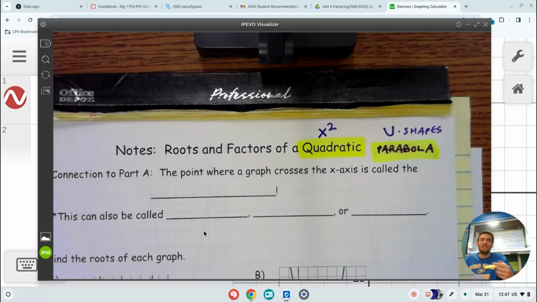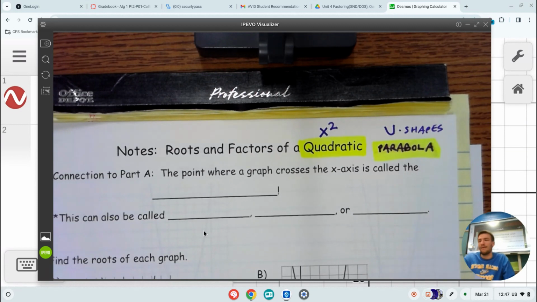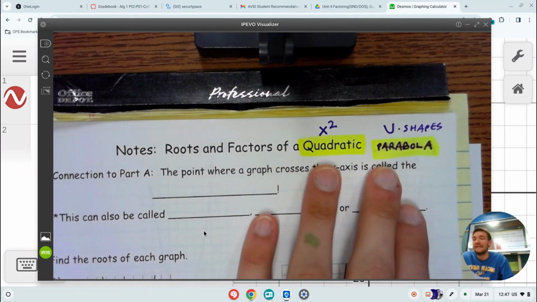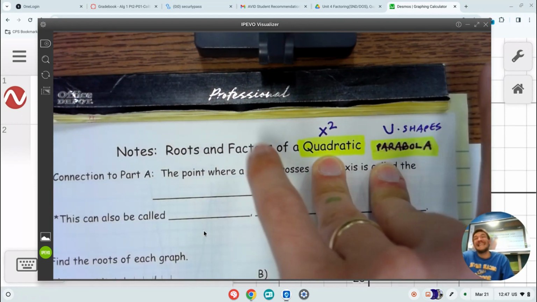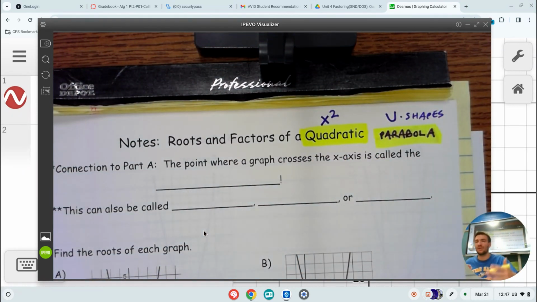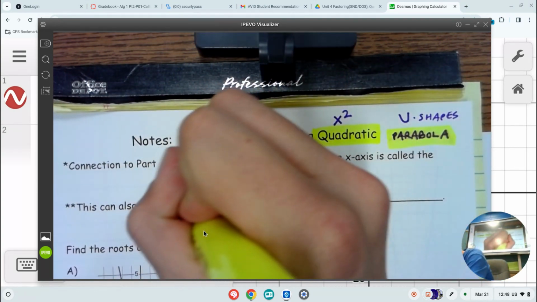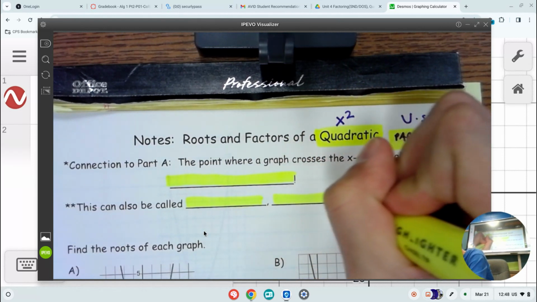He's got a fancy word for it, and the fancy word is parabola. Now, we'll get a little bit of a glossary at the end. These two aren't that important, to be honest. It's very good that you start to learn it, but we're going to hit you with the parabolas in like a week. For now, the four words that we really want to learn go on these four blanks here.